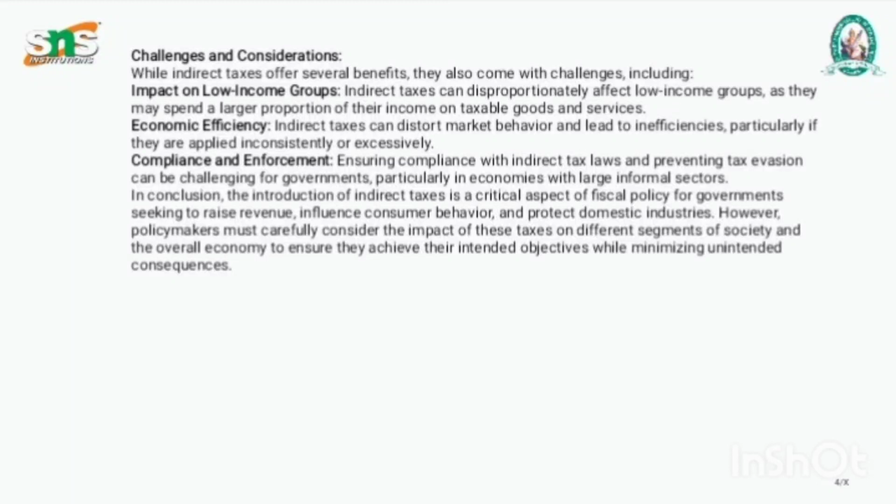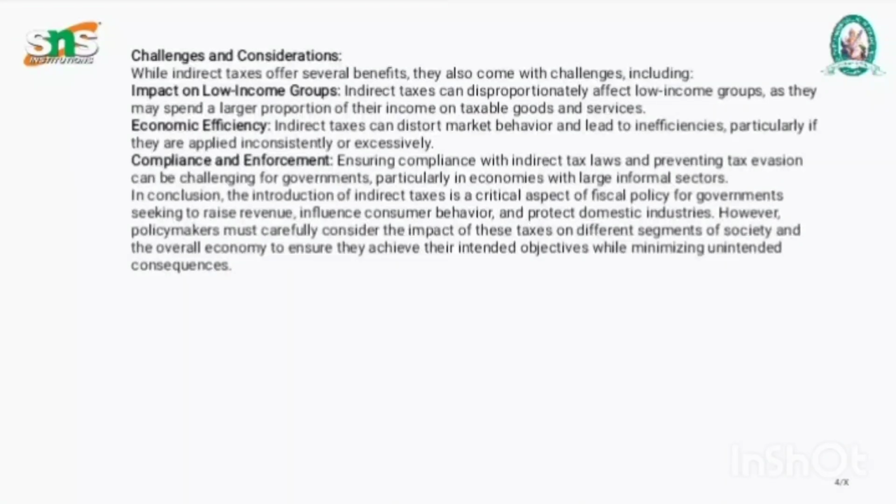Indirect tax can distort market behavior and lead to inefficiency, particularly if they are applied inconsistently or excessively. Next one is enforcement. Ensuring compliance with indirect tax laws and preventing tax evasion can be challenging for governments, particularly in economies with large informal sectors.